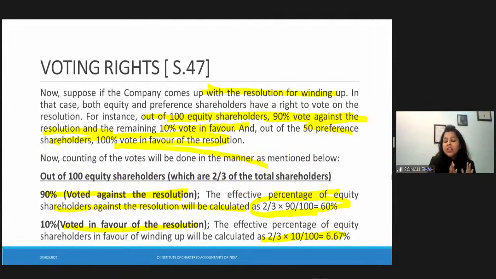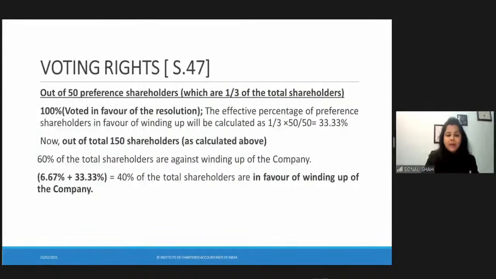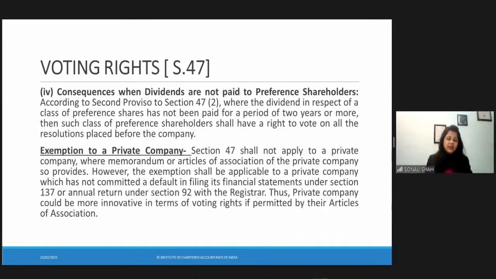That means equity shareholders comprise 2/3 of the total shareholders and preference shareholders comprise 1/3. So if 90% vote against the resolution, 2/3 of 90 will be 60%. This is how you determine the proportion of voting rights. Is that clear? Guys, is this example clear?